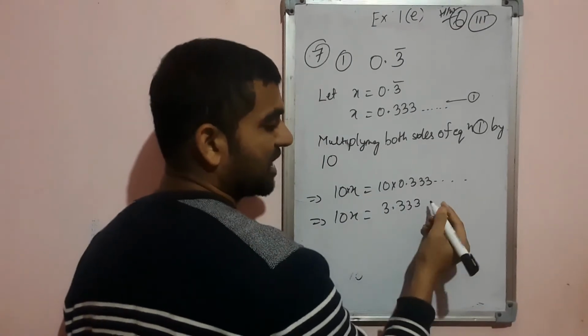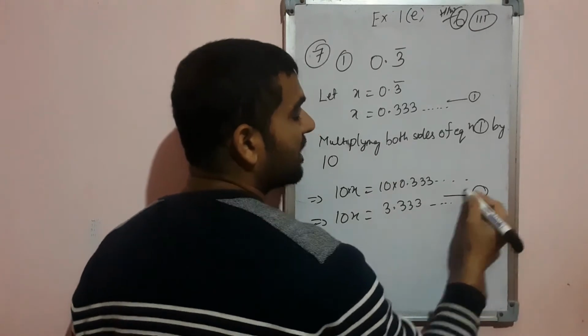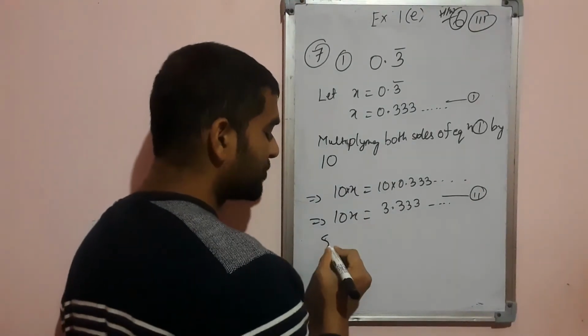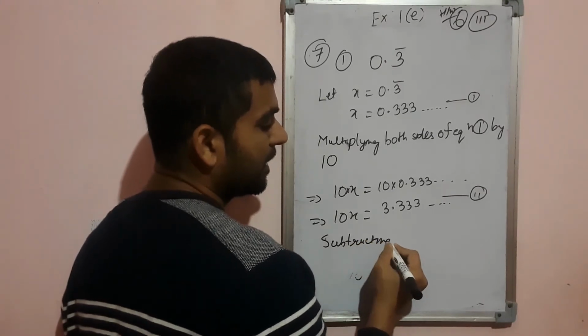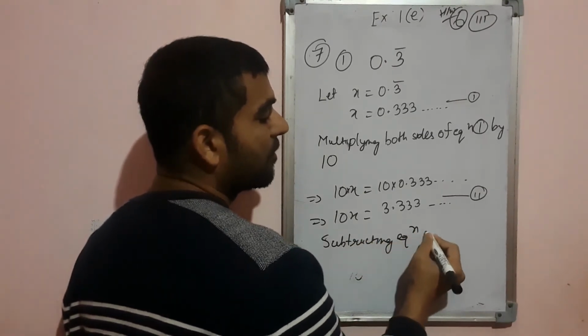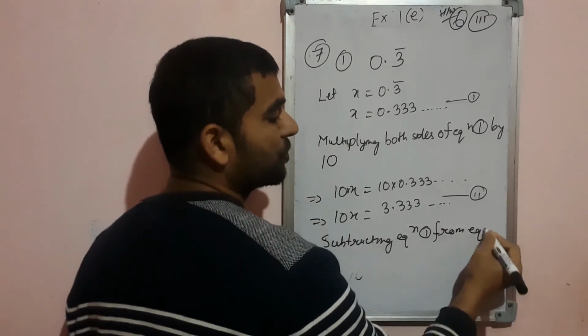I will write 3 times and call it equation 2. Next step, subtracting equation 1 from equation 2.